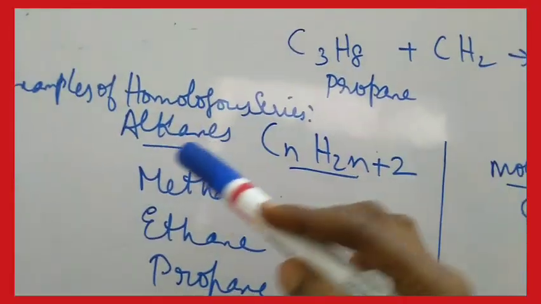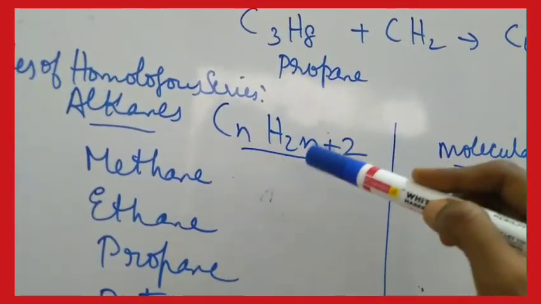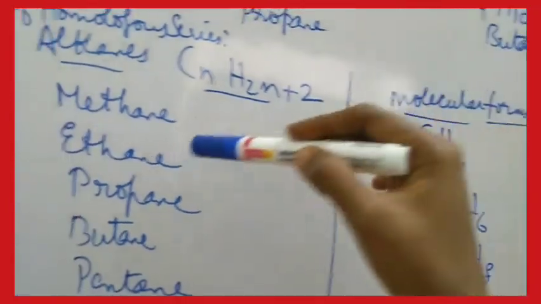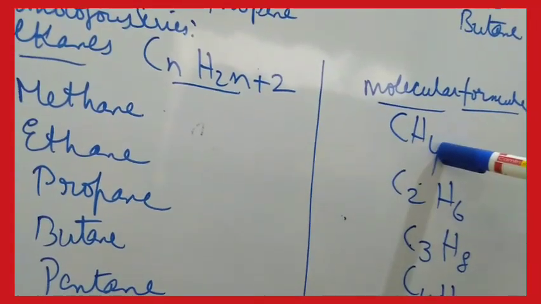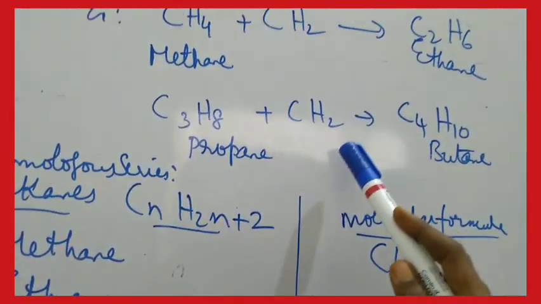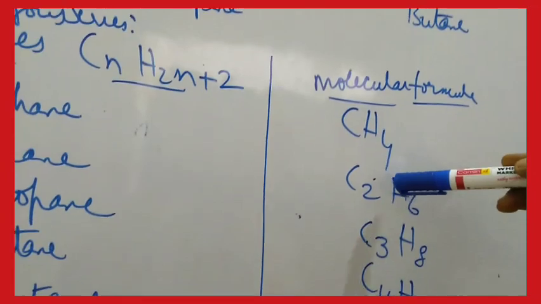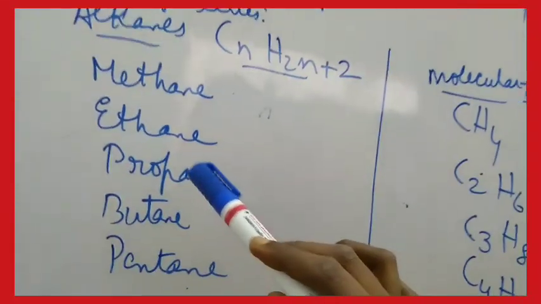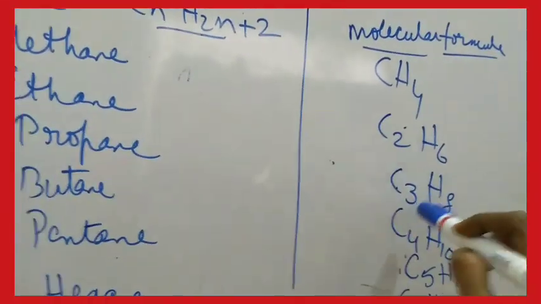Examples of homologous series. First we will see alkanes. CnH2n+2 is the general formula, and I have written the molecular formulas. Methane, what is the molecular formula? CH4. Next, ethane. For this CH4, if you add CH2, what will you get? Ethane, C2H6. For this C2H6, if you add one more CH2, you will get propane, C3H8.